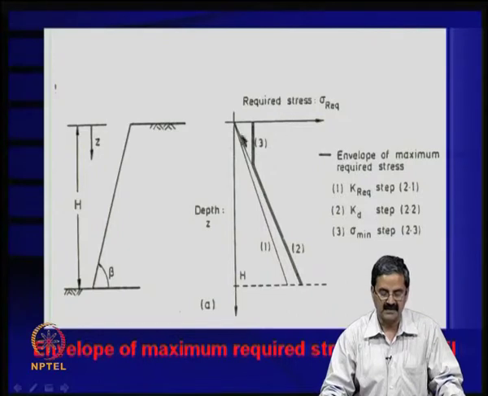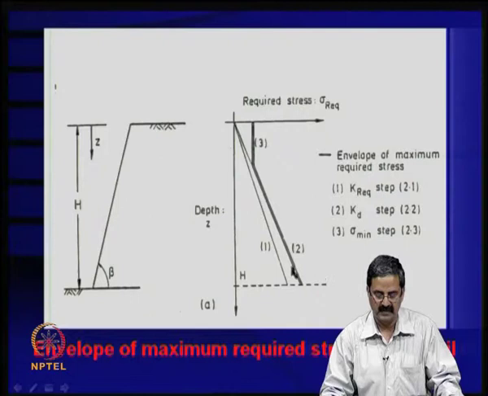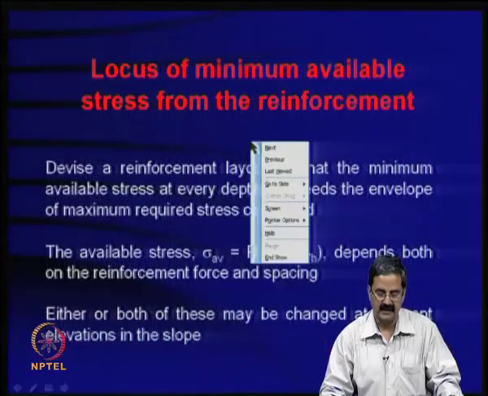To resist that compaction stress you should have reinforcement. Up to this point it is just Ka into gamma h into SV into SH that will be the force, and as you come up, as the depth is less here, you should not let it go down, because you will have some stress because of the compaction. That you should take here, and then design for that.